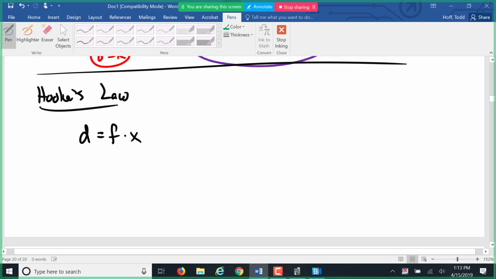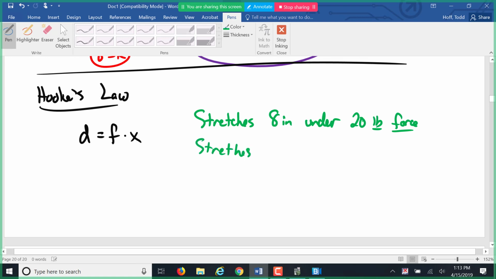So if I have a spring where I know it stretches 8 inches under 20 pounds of force, then I can predict, well, how much force would it take if it stretches 10 inches?